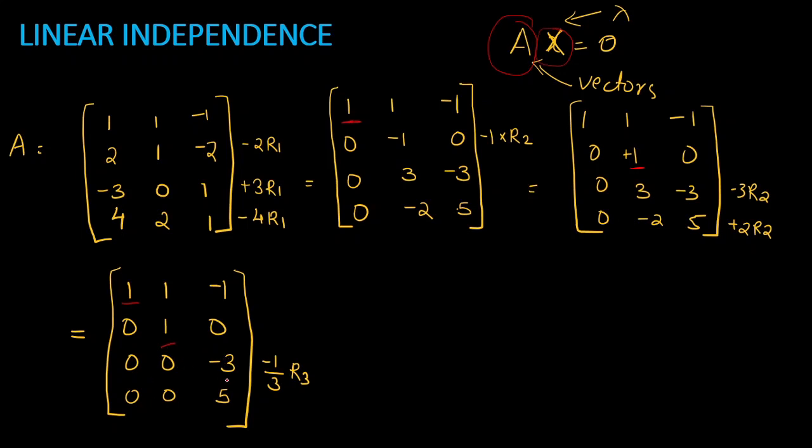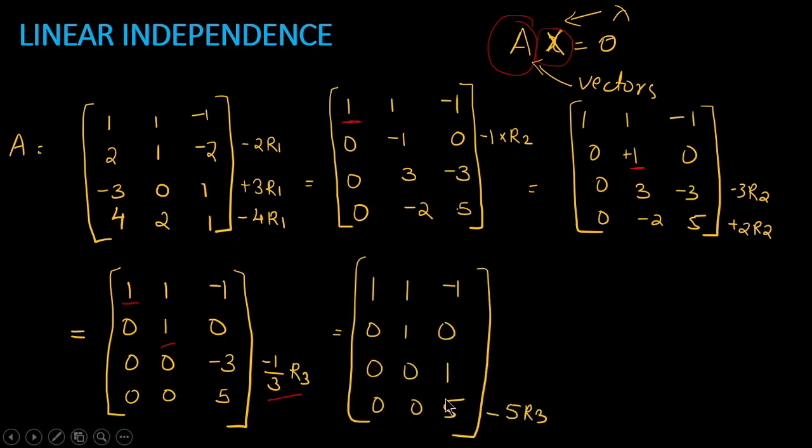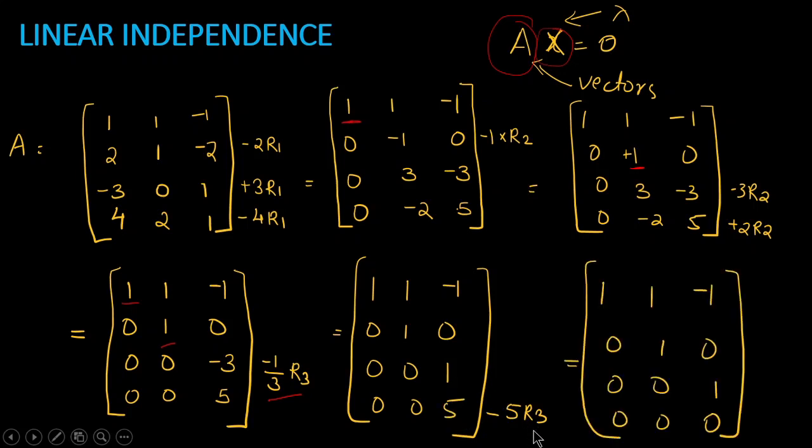Now we have to make this minus 3 as 1. So this operation is applied and we got it like this. And we have to make this 5 as 0, so we applied minus 5 r3. So the final answer is like this. That means every column has a pivot value. Here we have a pivot value, here also, and here also.